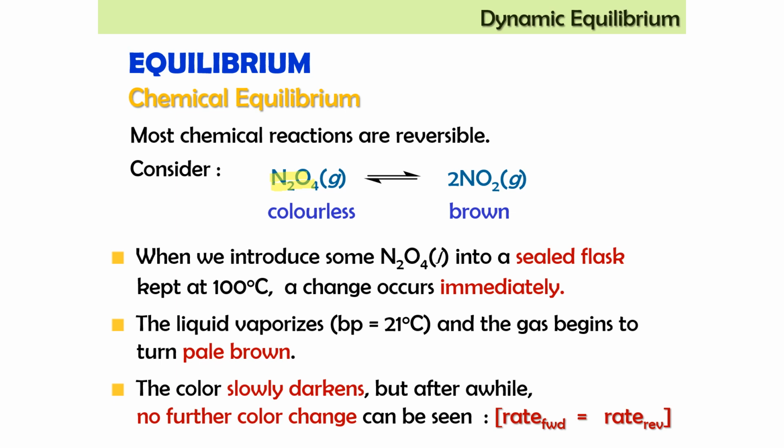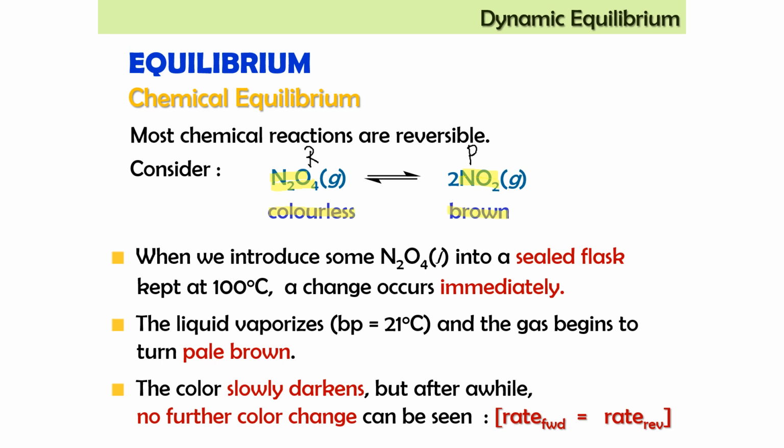So this is your reactant and your product. Your product is NO2, nitrogen dioxide. So N2O4 ni dalam keadaan colourless and your product is in brown colour.